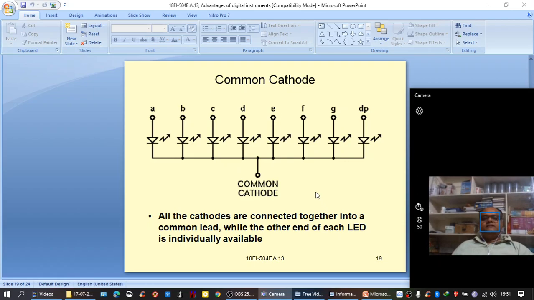In this condition, when input is high, that means when the anode is high, then only the LED will glow, because all the cathodes are grounded already by a common point. So whichever LED has got one input, that LED will glow.